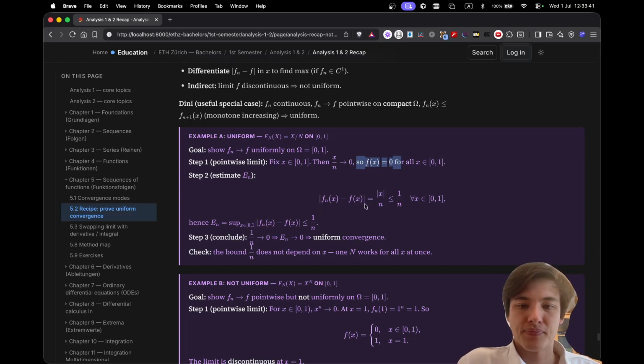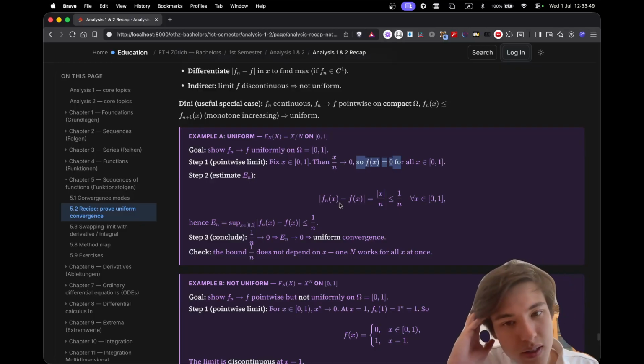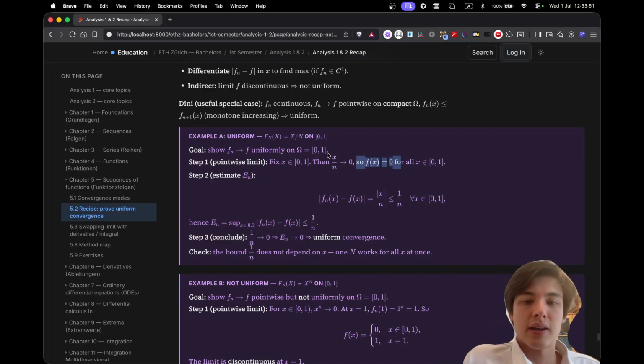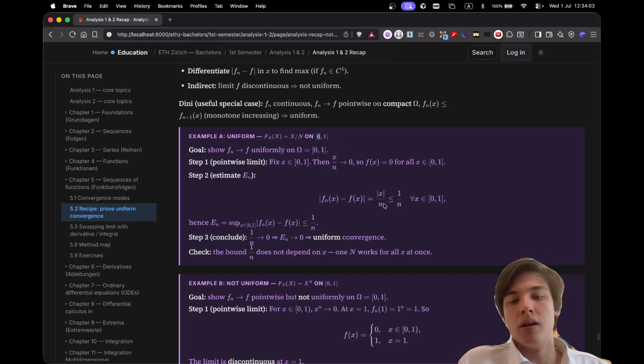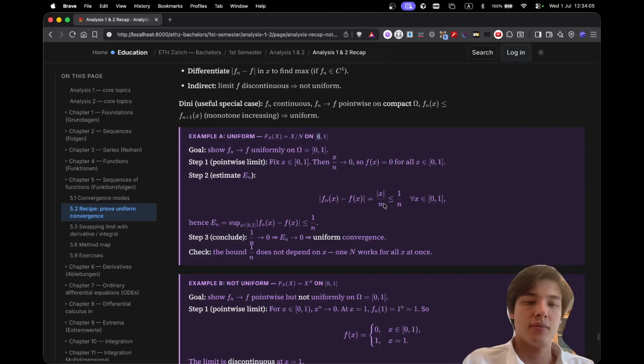We estimated just any x, the absolute value of x divided by n. This would be a function that's smaller than 1 over n because x is between 0 and 1. So yeah.